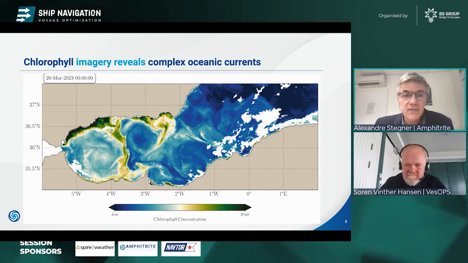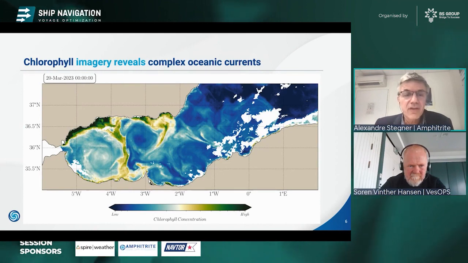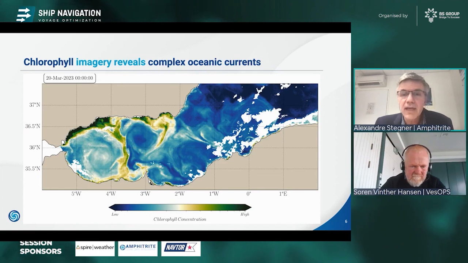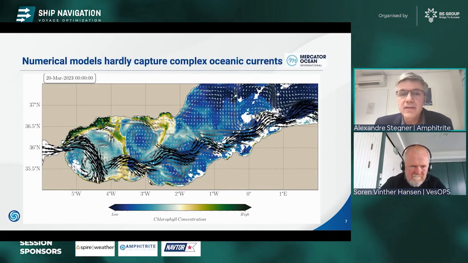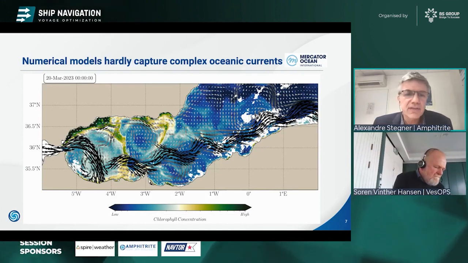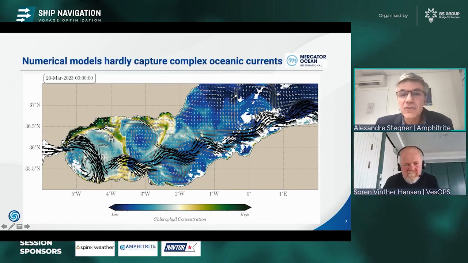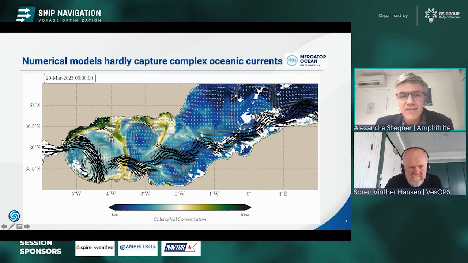What is quite difficult for numerical models, if they want to reproduce this oceanic situation, is to have enough initial data to capture it. When we look at the operational model forecast of one of the leading operational models for Europe, Mercator Ocean, for instance, you see that the currents at the entrance of the Gibraltar Strait differ significantly from the patterns that you see on the satellite image.